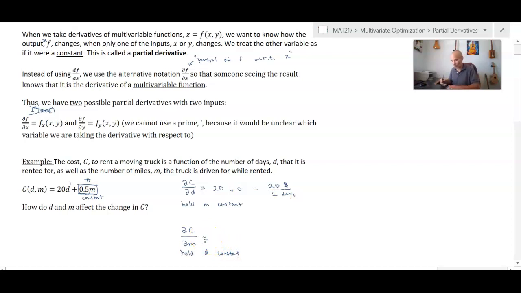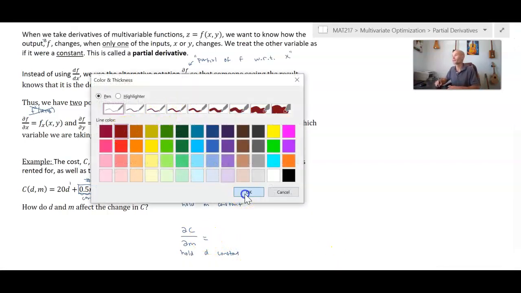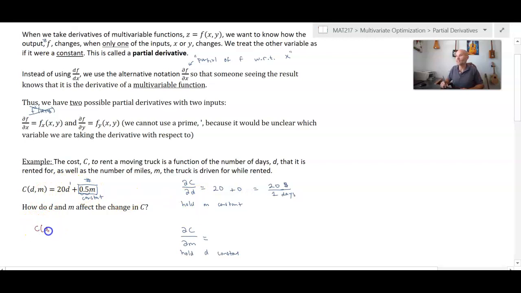So that means when we look at this function C of d comma m equals 20d plus 0.5m, we're treating d as if it were a constant, and 20, which is a constant, times another constant is still just a constant.